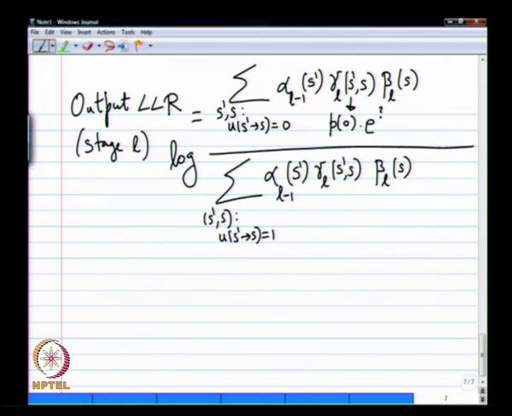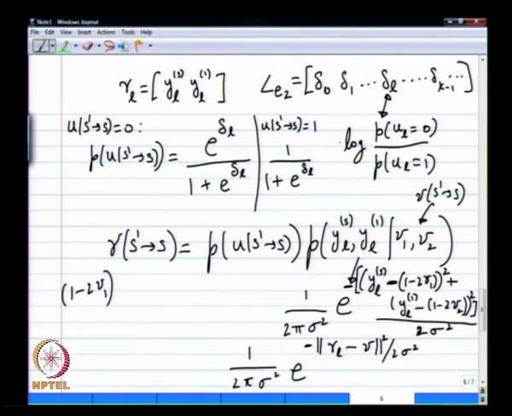In that e power something there will be two things; I will come to that later. Here you have P of 1 times e power something. Already you see there is something emerging, some simplicity here. So, P of 0.